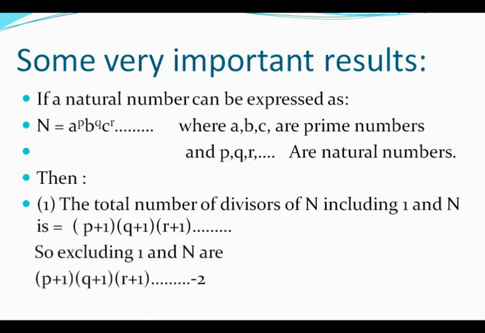If we exclude the numbers 1 and n, then the total number of divisors of n becomes p plus 1 into q plus 1 into r plus 1 and so on, minus 2. We subtract the two numbers 1 and n from the total number of divisors of n.